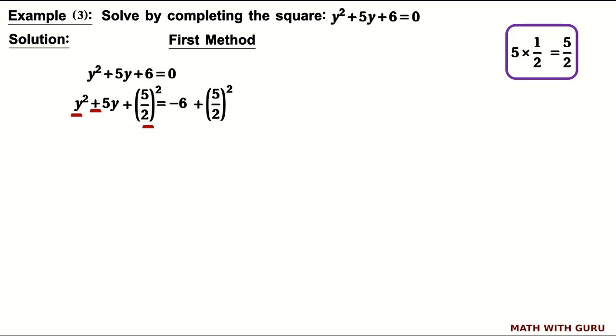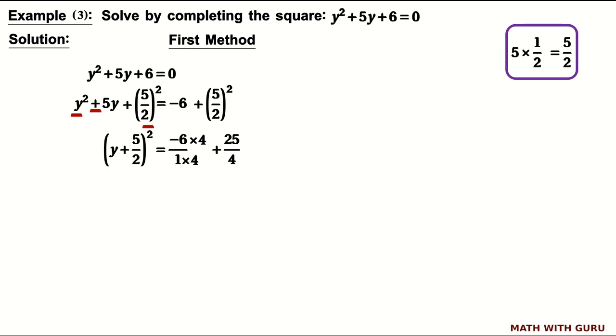Therefore, this can be factorized as (y plus 5 by 2) whole squared equals minus 6, which can be written as minus 6 over 1, plus (5 by 2) whole squared, which is 25 by 4. We need to make the denominators equal. LCM of 1 and 4 is 4.